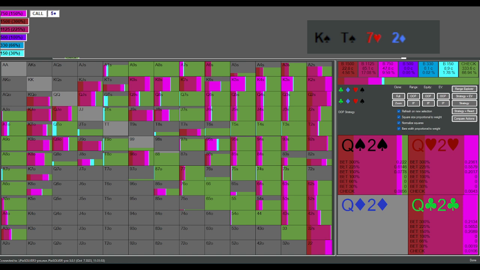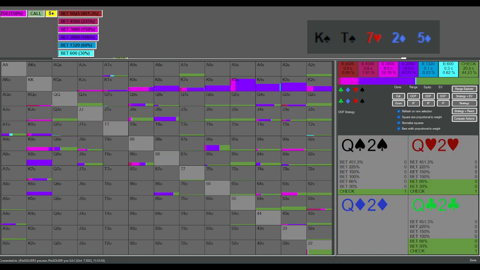So you might also think, well, they're not going to call me down with a 10 or whatever, which is probably the case depending on your sizing scheme.